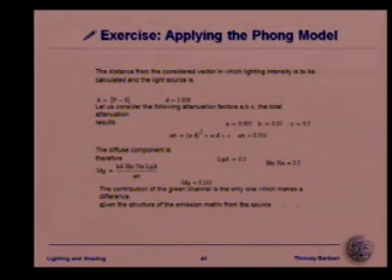Then I consider an attenuation factor over here. These are the factors A, B, C. This is the attenuation polynomial. Unluckily, there is a difference in the polynomial as it is used here and as it is used in the slides.